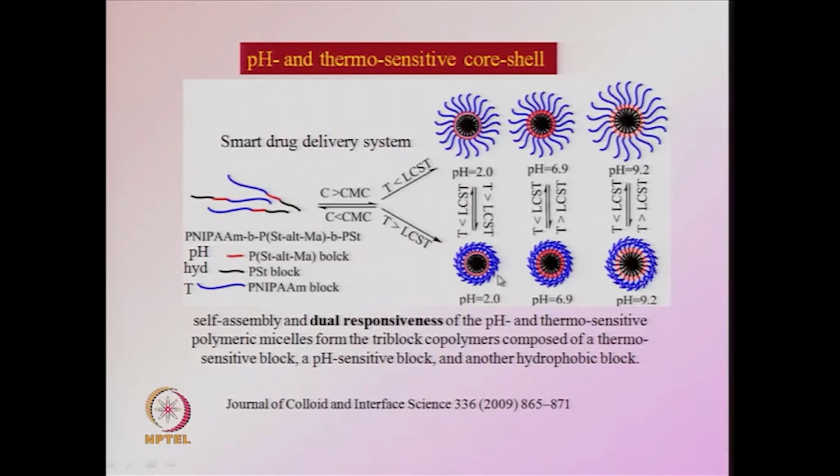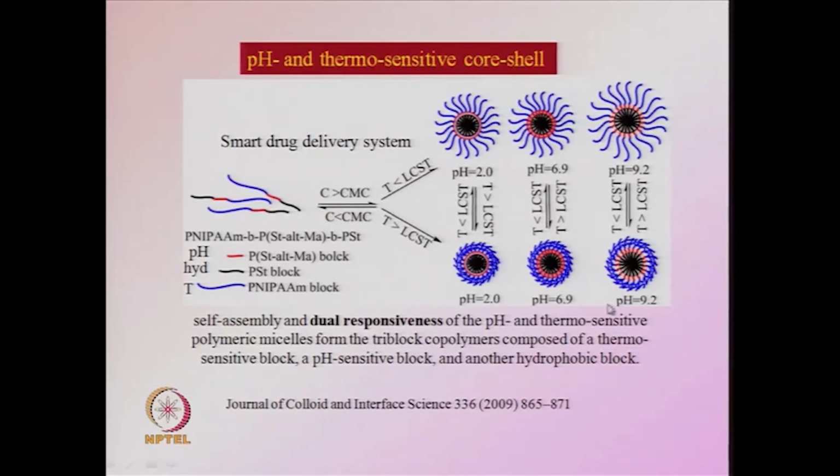And what has changed from here to there is the red region, the one which is pH sensitive. So, keeping the same temperature, if you change pH, the red part which is pH sensitive, this part of the polymer is changing its shape.